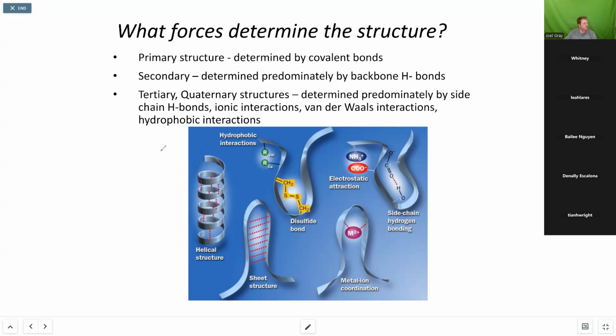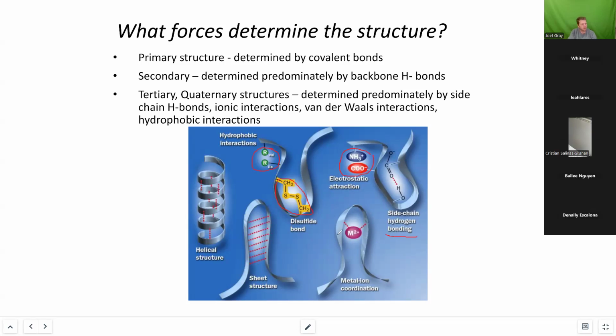So here what we have is our hydrophobic interactions, and then we've got disulfide interactions, covalent bonds between our cysteine residues. Your electrostatic interactions, that could be a lysine and an aspartic acid that stabilizes those, but also you could have side chain hydrogen bonding. And then here's one that tends to kind of slip people's minds.